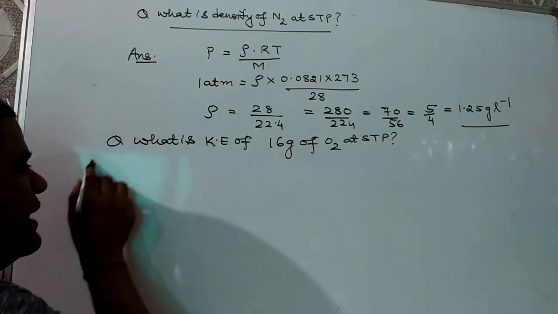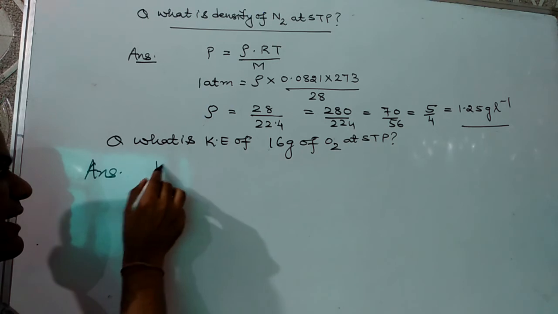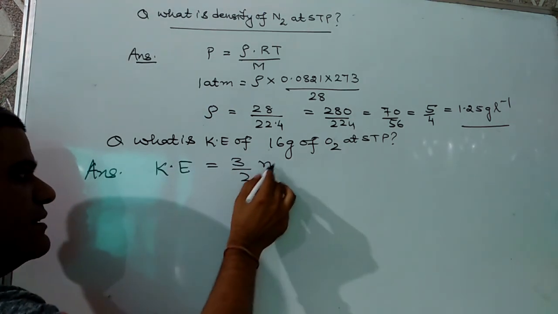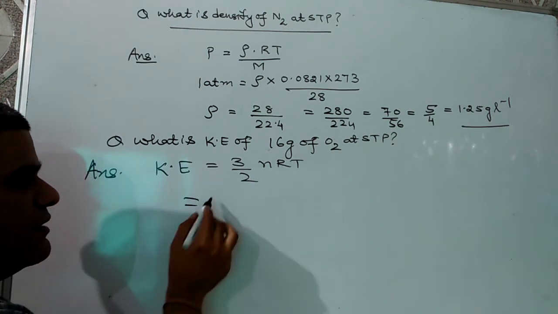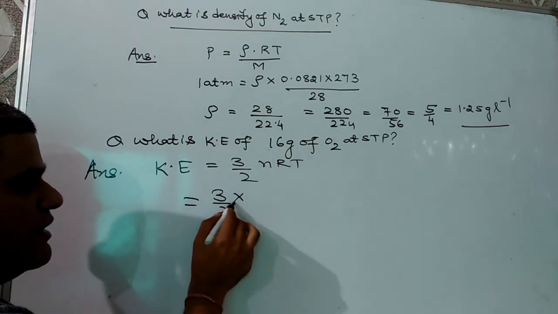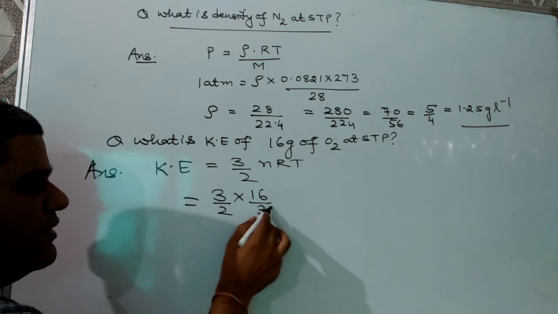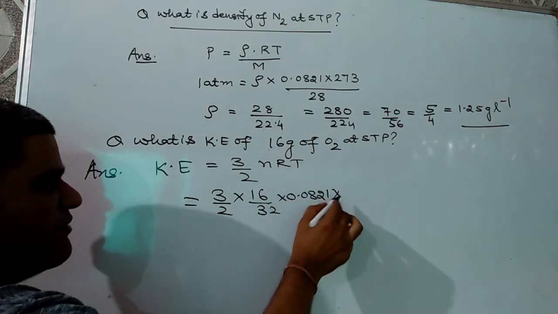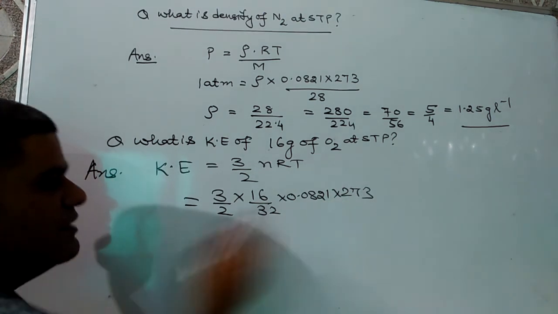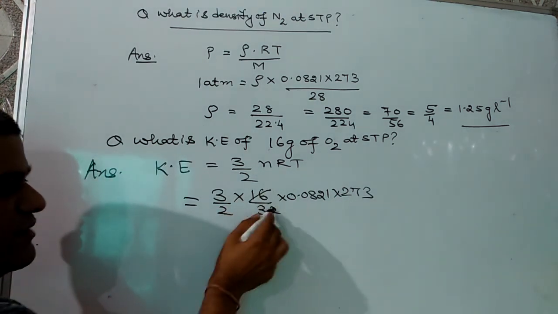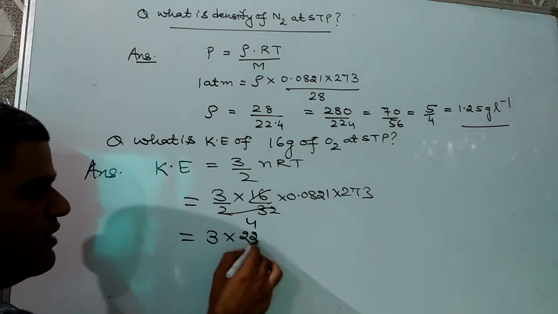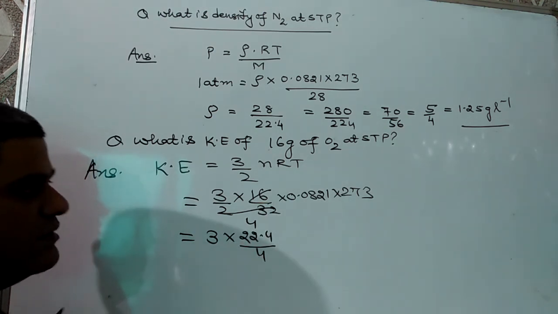So we can apply the relation: kinetic energy is equal to 3/2 nRT. So that will be 3/2 into 16 upon 32. Value of R is 0.0821 and temperature will be 273. That comes out to be 3 into 22.4 over 4.